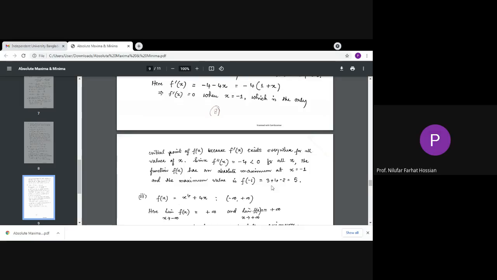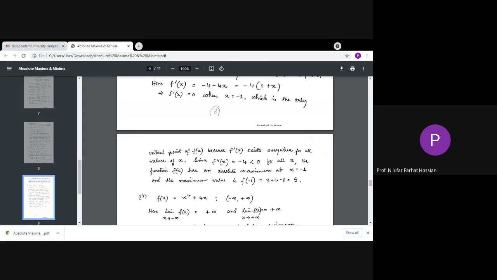Miss, we got a relative maximum, right? If you consider a local interval, yes. But the total interval was minus infinity to plus infinity. If you consider a small local interval around this point minus 1, then this point will give you a relative maximum.